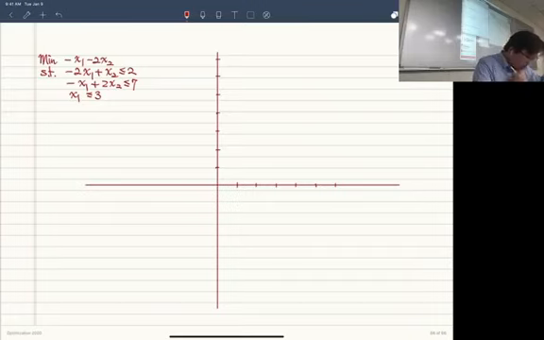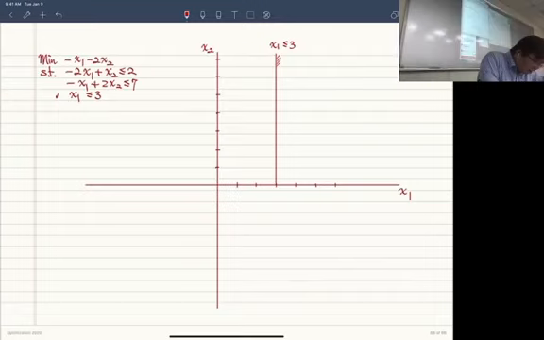If I do this, so this will be my x1 smaller than 3. So here's my x1, here's my x2, right? So I have my third equation ready. How about the other one? I would like to make drawings like this.